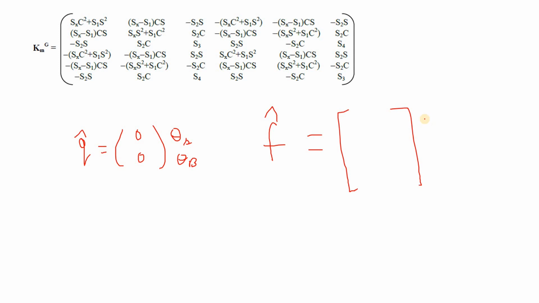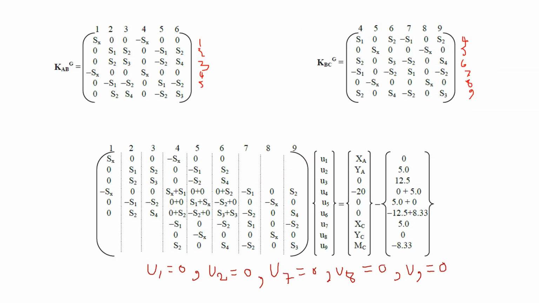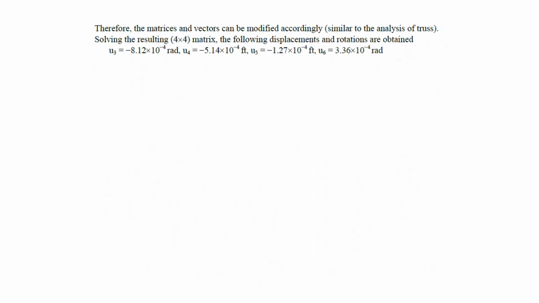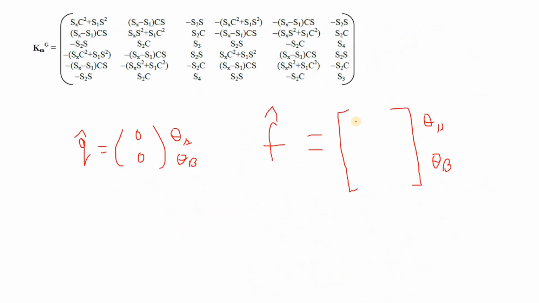So for theta A and theta B, if we go back to the previous calculations, at A you can see there is a fixed end moment value, which is 12.5. So we're going to write out 12.5 here.